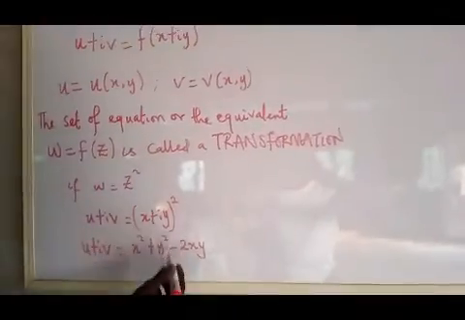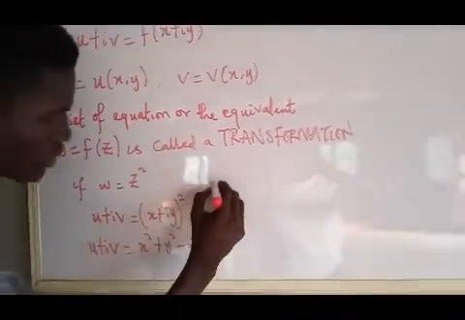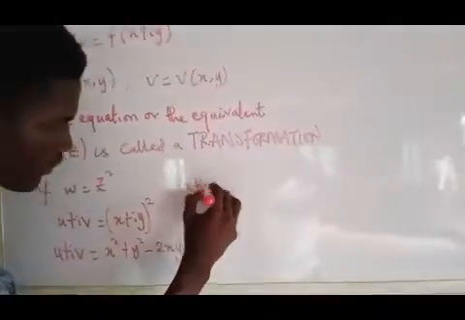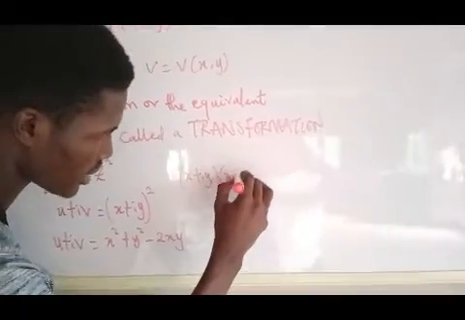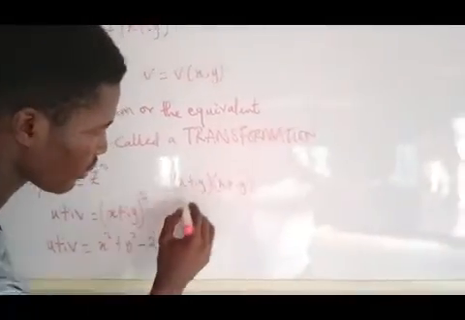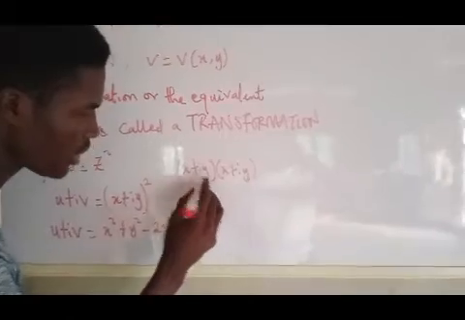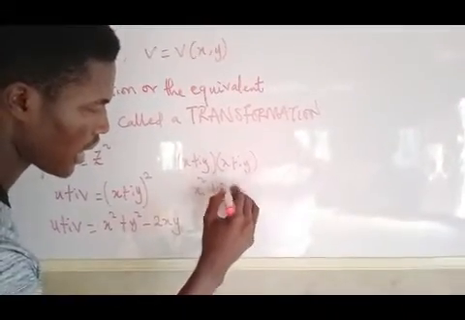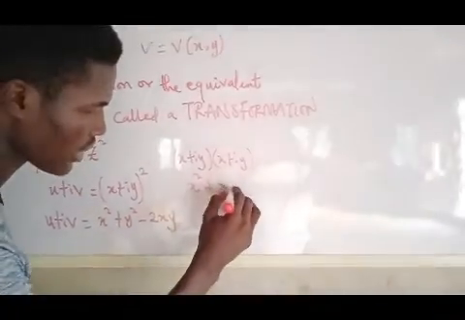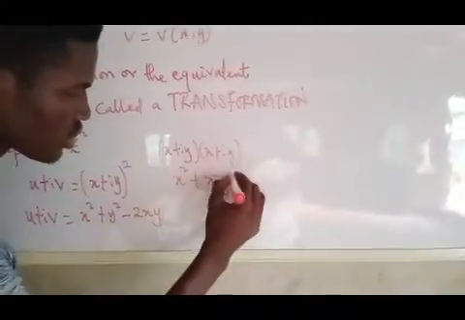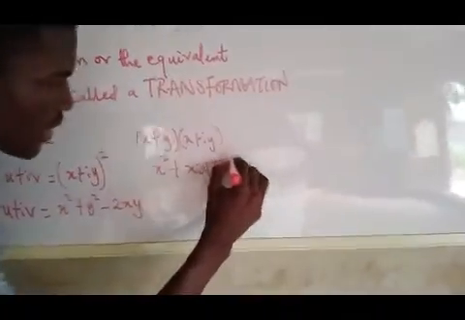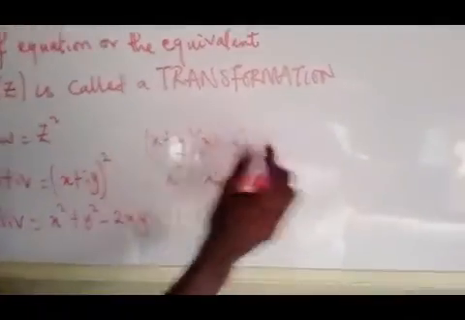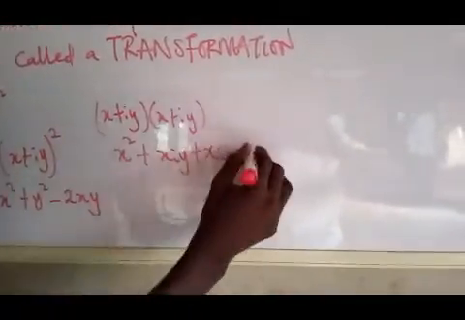So let me open it here. I have x plus iy times x plus iy. So x times x will give us x squared, x times iy will give us xiy, and this times this will also give us xiy. And i times i will give us minus, y times y will give us y squared.